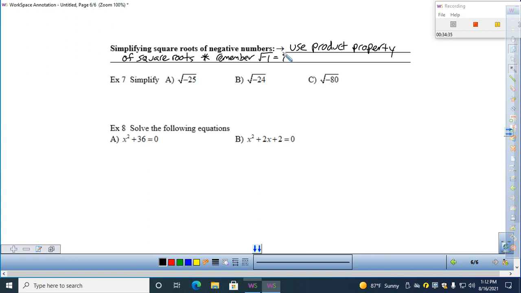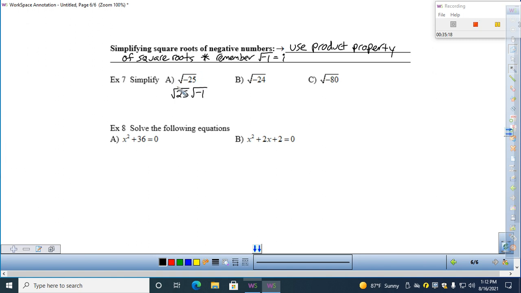All right, let's get into letter A, square root of negative 25. Using the product property, this is how it works. 25 is a perfect square, so I'm going to leave it like that. But I would think of this, using the product property, as 25 times negative 1, which gives me negative 25. I can take any two values that multiply to this and keep them under roots, and it's equivalent.